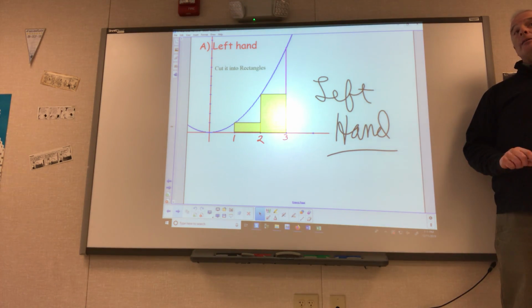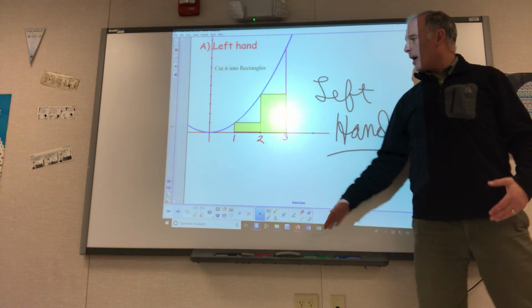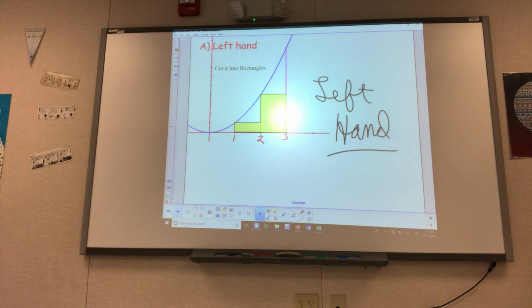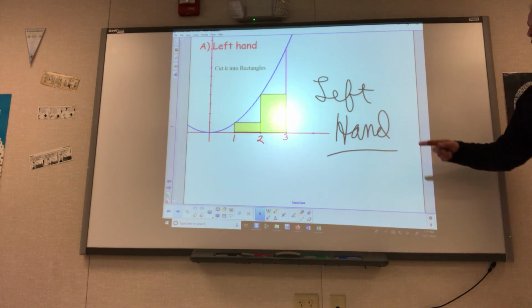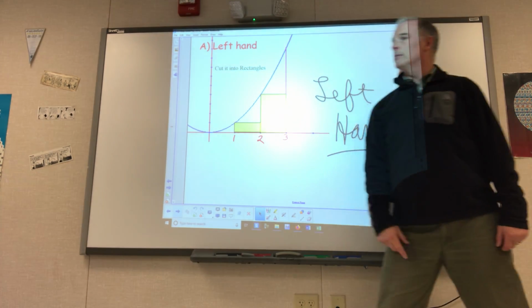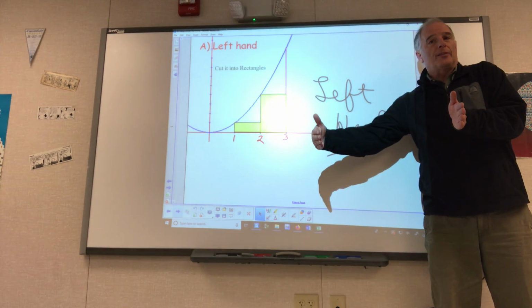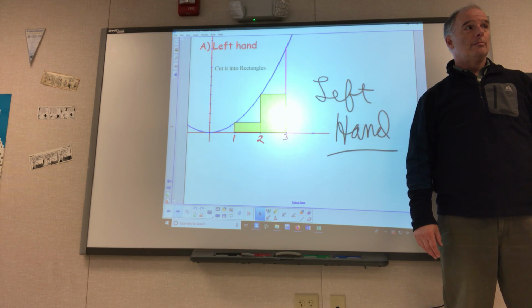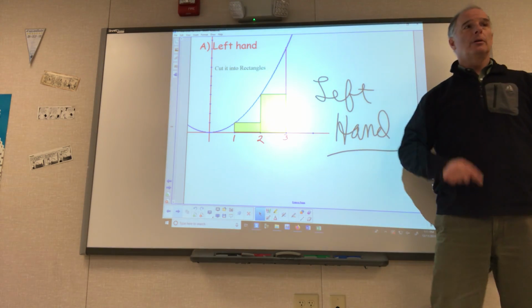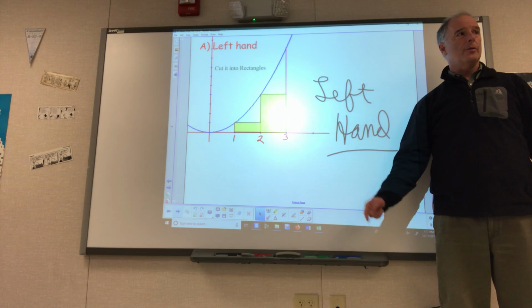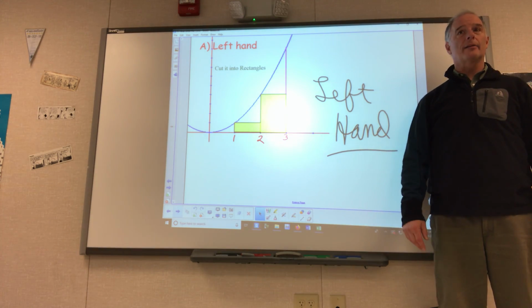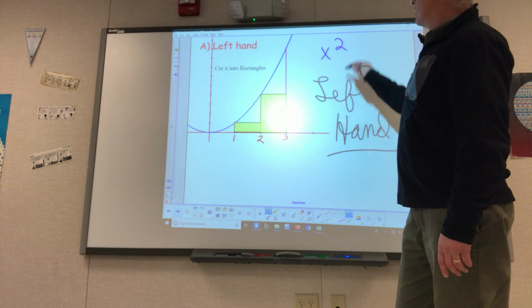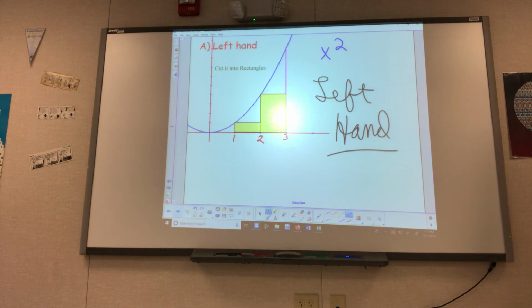And what I've done with the rectangle is made the height of the rectangle the function value on the left-hand side. So from 0 to 1, the function value on the left-hand side is 0. From 1 to 2, the function value on the left-hand side is the value at 1, which, remember, this was x squared, so the function value is 1.